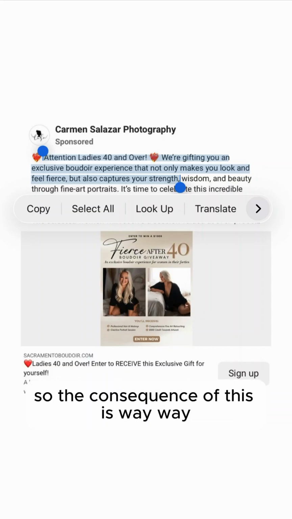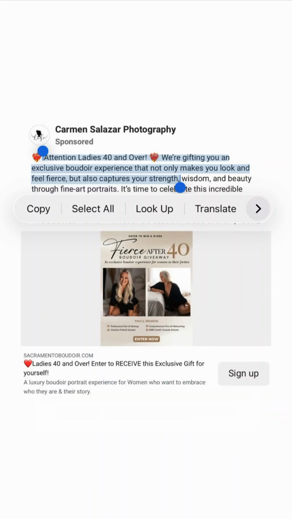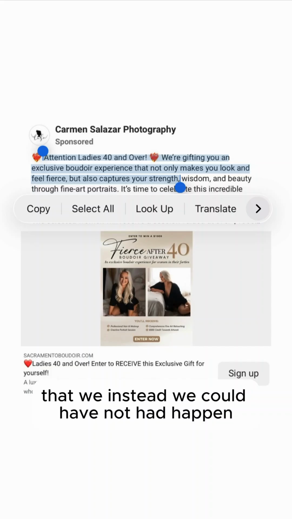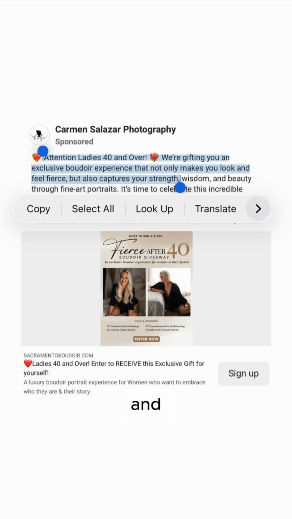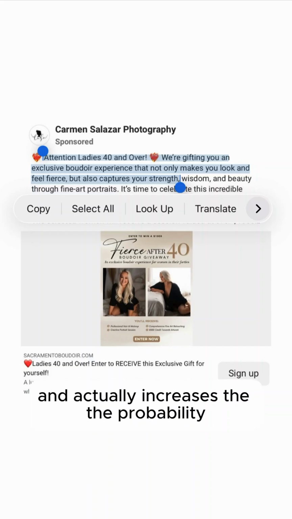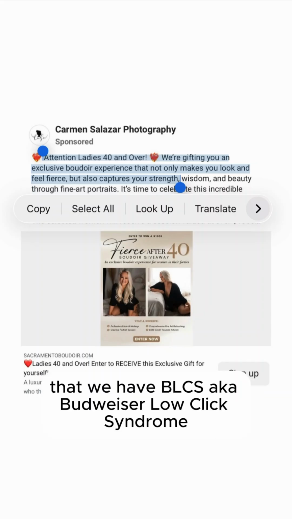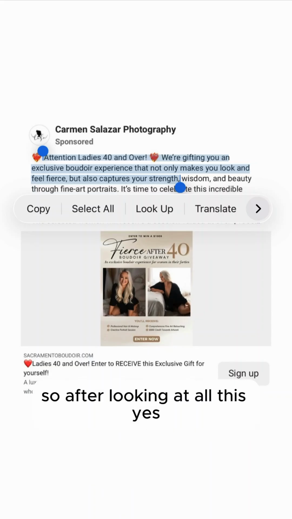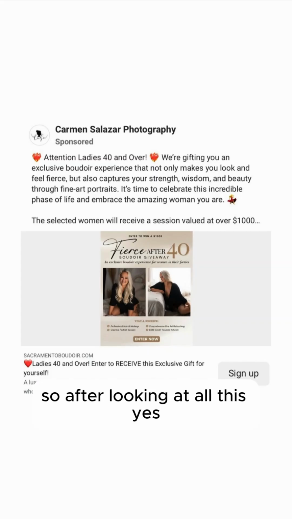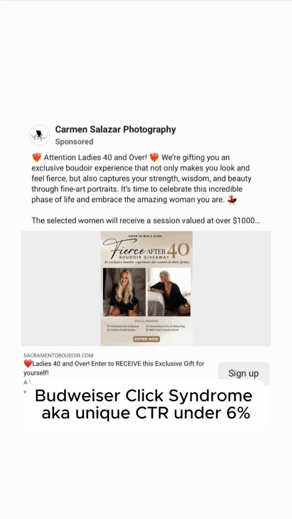So the consequence of this is way more women scrolling by our ad than necessary that we could have avoided, pulls our unique CTR under 6%, and actually increases the probability that we have BLCS, aka boudoir low click syndrome. So after looking at all this, yes, I do believe this boudoir Facebook ad has BLCS, aka a unique CTR under 6%.